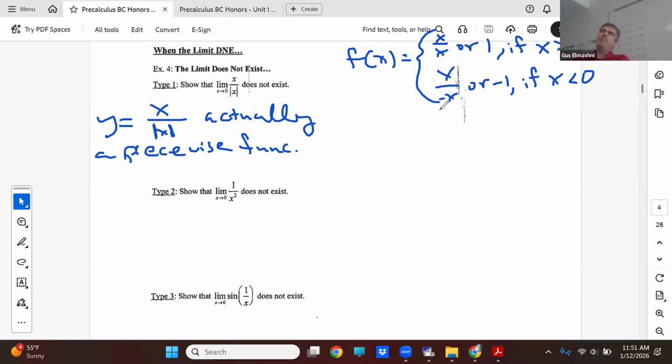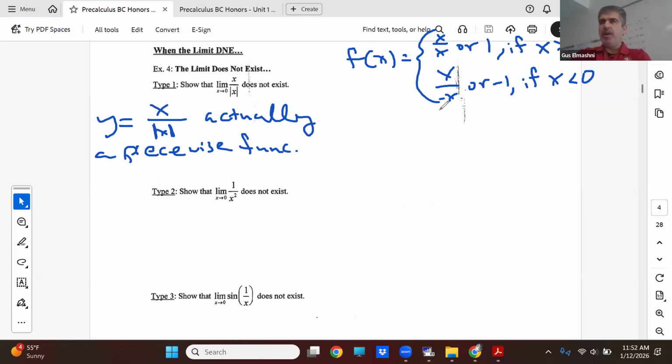So if you think about it, if x is positive, you don't really need the absolute value, right? If x is positive, fine, just say x over x. It's 1. However, this is the part that's tricky. If x is negative, you have to replace the absolute value of x with negative x, because if x were negative, then you have to take the negative of it to make it positive.